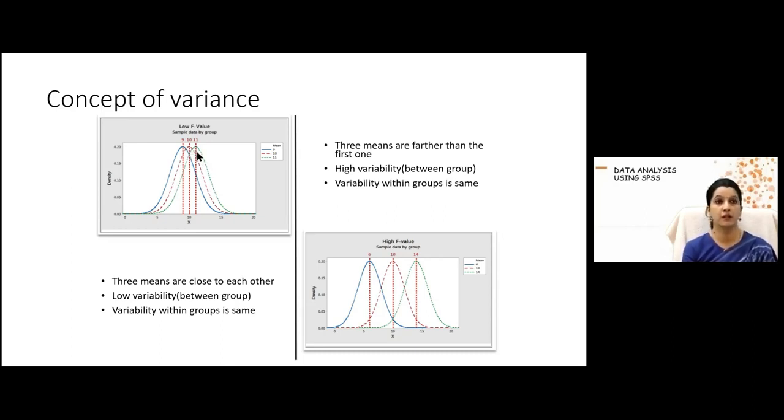So if the means of the individual groups are very close together, then the F statistic is low, because the between group variability is low. If the means of the three groups are far apart, keeping the within subject variance the same, then the F statistic is high, or the variance is high.